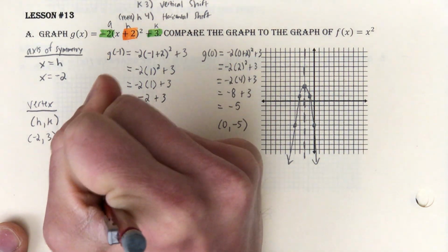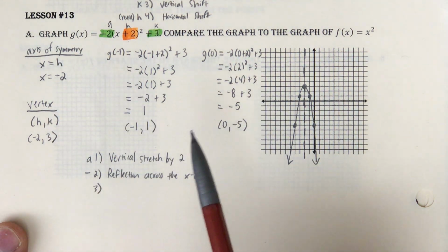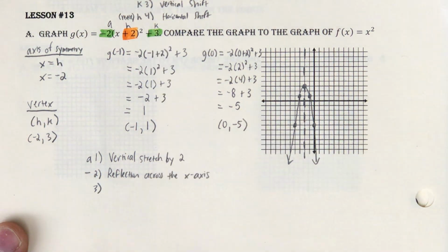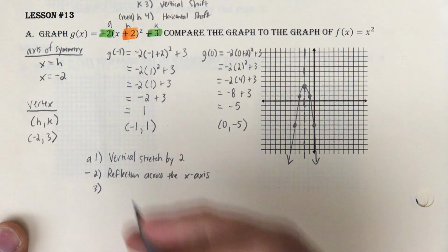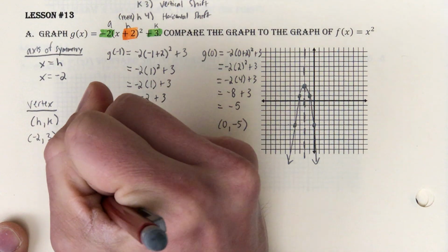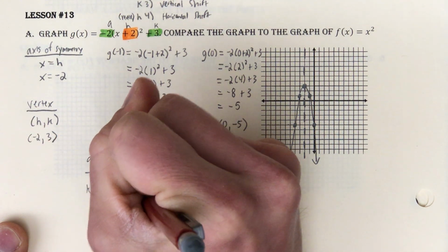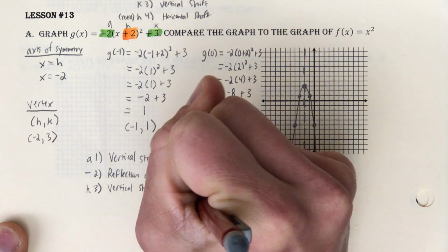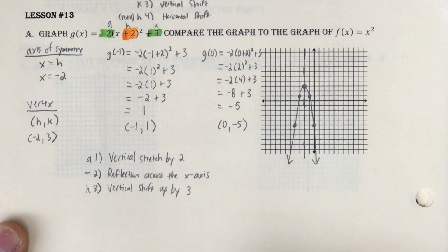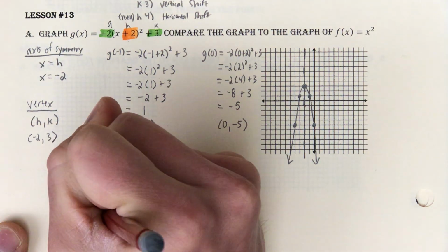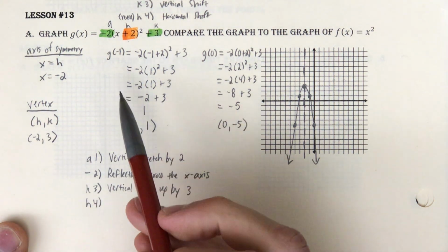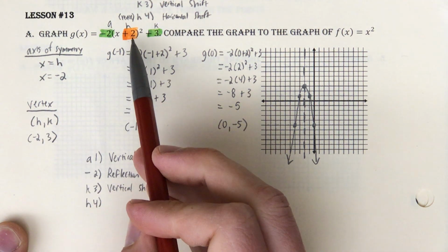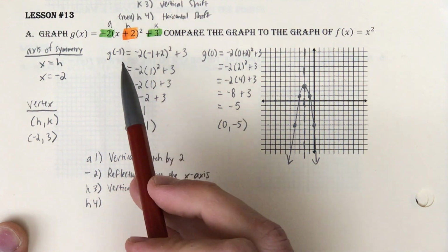Third thing we're going to look at is my vertical shift. So my k, I did have a k, it was positive 3, so that means I had a vertical shift up by 3. And then last thing we look at is the h, that's horizontal. All right, I did have an h, it was positive 2, but remembering h's work in reverse, or the opposite.